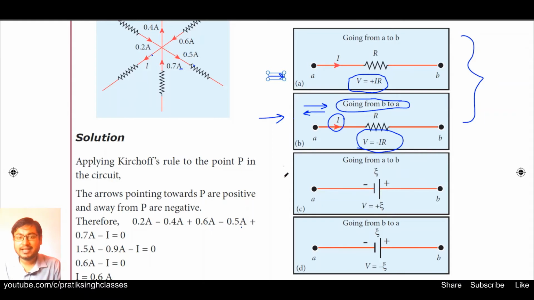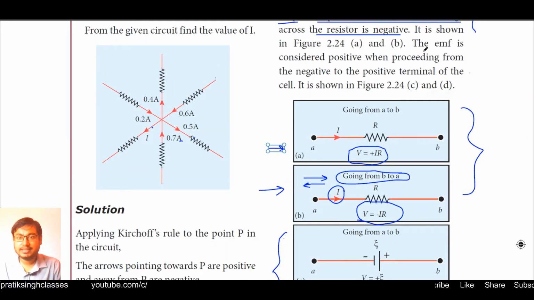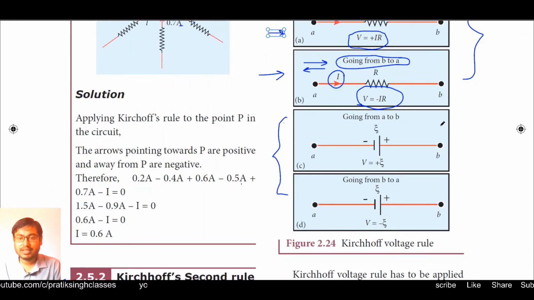Understanding these two, we have to see once again what is given in the theory. As you can see here, the EMF is considered positive when proceeding from the negative to positive terminal of the cell. So in this figure, the EMF is plus, because here we are going from A to B, that means from negative terminal to positive terminal of the battery.